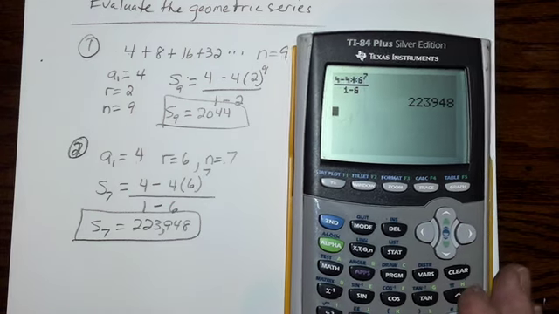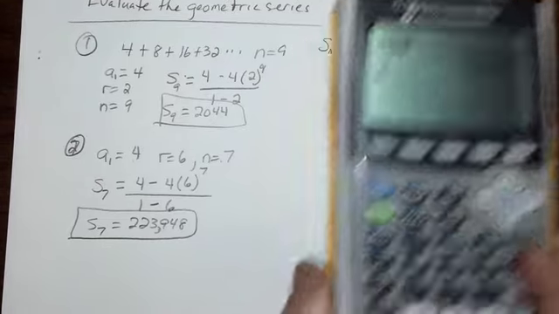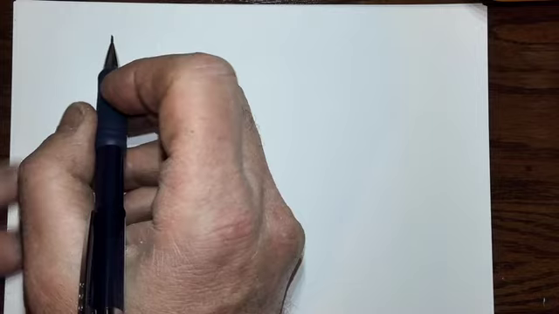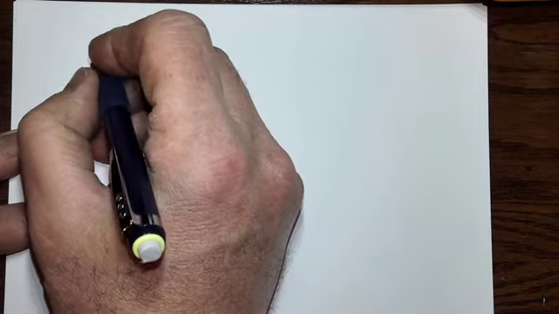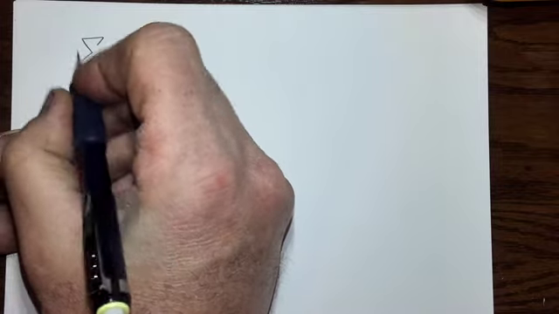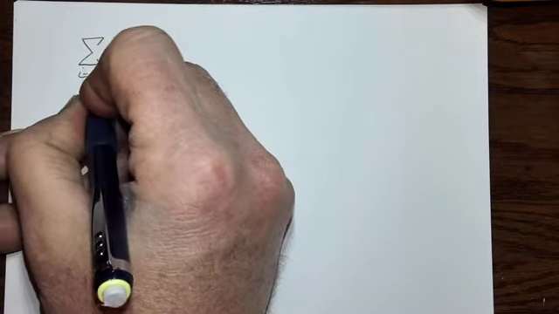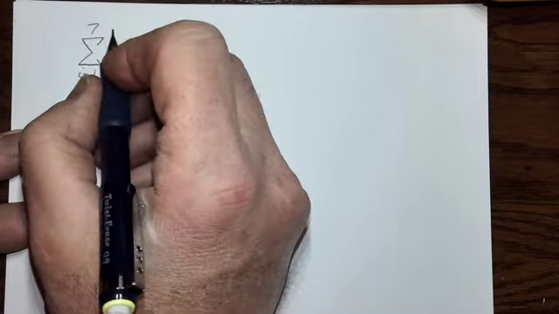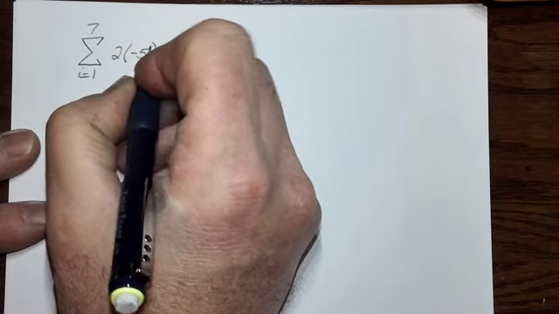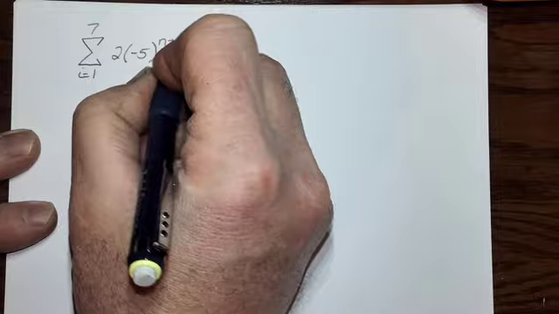All right? Well, one other type of notation that can be used for this is sigma notation. We talked about that before with arithmetic sequences. Now with geometric sequences, they could look like something like this. You got the sigma sign, which means a summation, and it goes i equals 1 to 7 of 2 times negative 5 to the n minus 1.